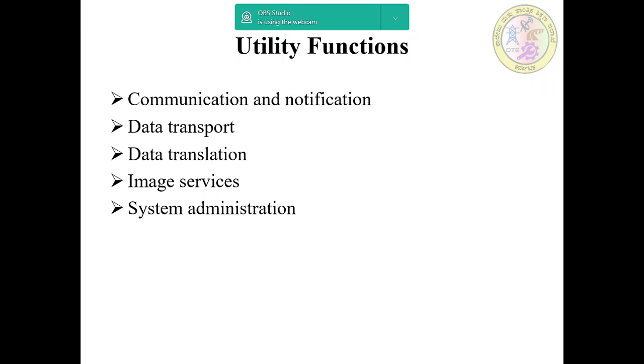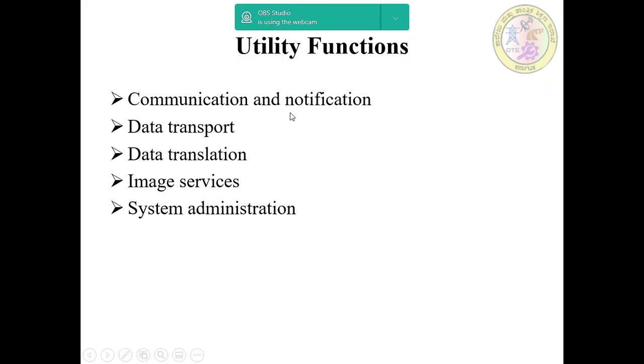The various included utility functions are here again in 5 major areas: communication and notification, data transport, data translation, image services, and finally system administration. We will discuss one by one. First, we will take communication and notification.